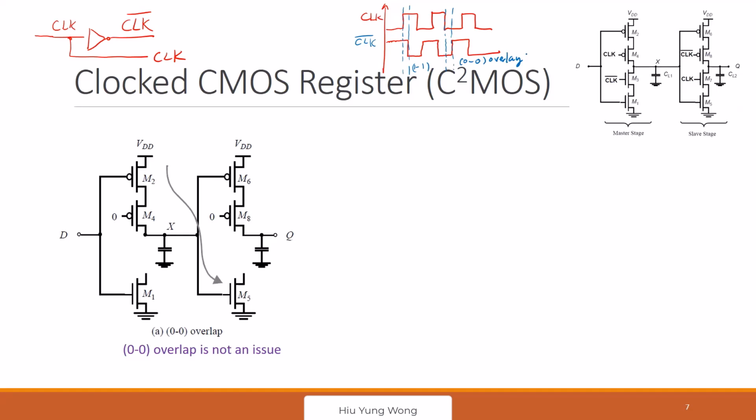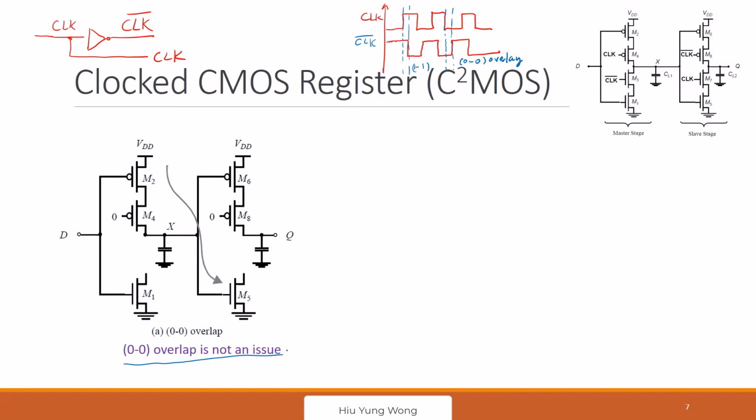And then D is going to affect the Q if the D is changing. Or there can even be backflow for a certain circuit that actually uses this bistable state, right? So do we have a problem in cross CMOS if we have 1-1 or 0-0 overlap, right? I already give the answer here. No, there's no issue for 0-0 overlap. Why is that?